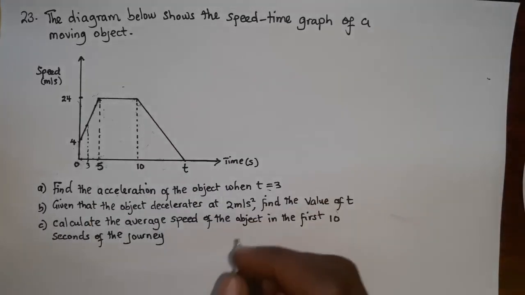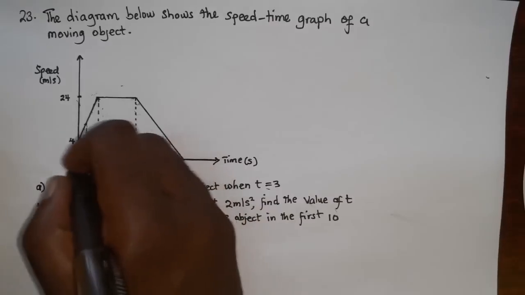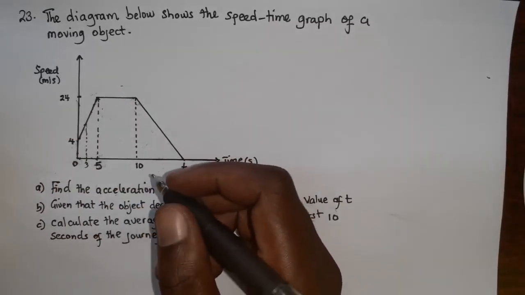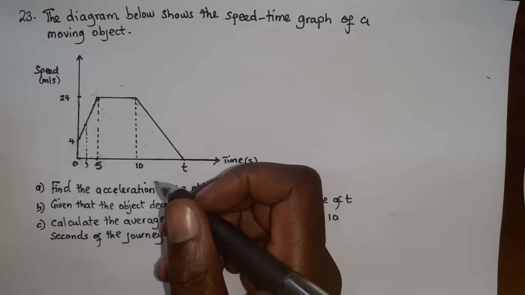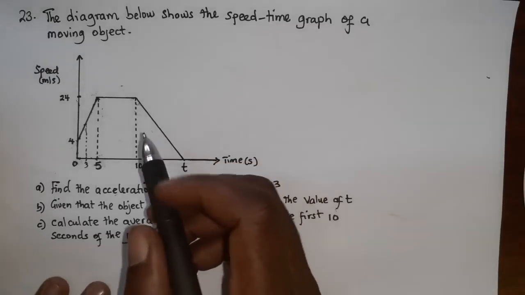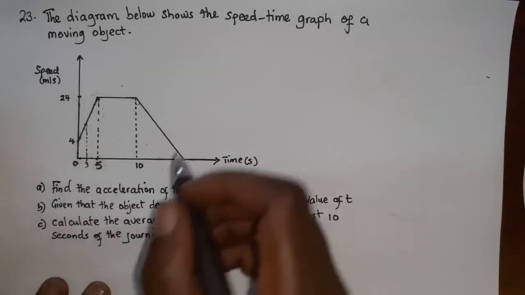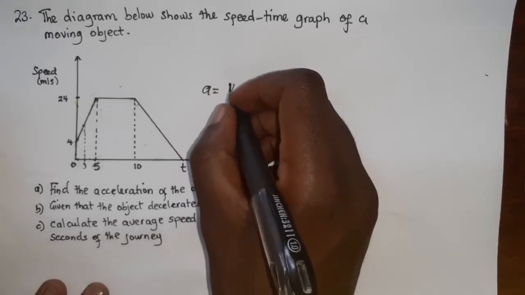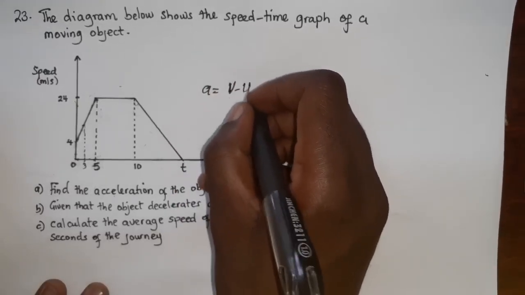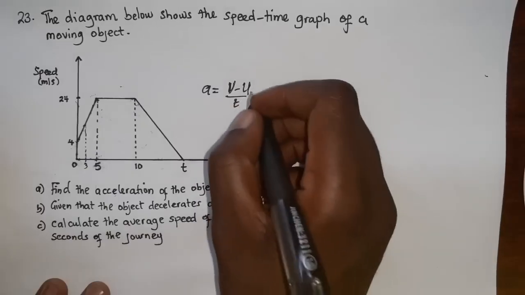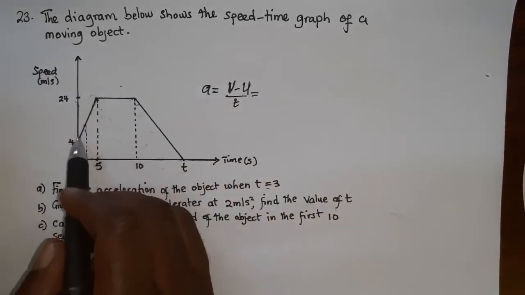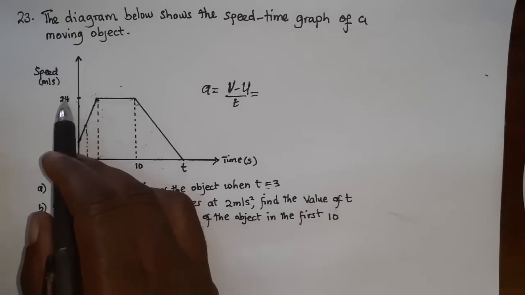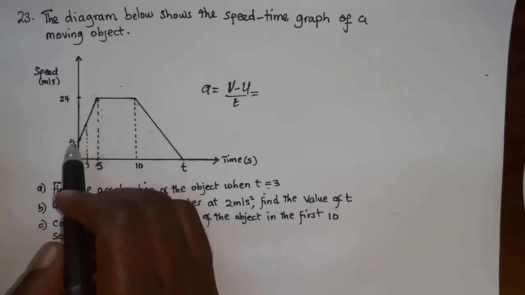So we can use what we have here to say what the acceleration is. As you may know, acceleration is equal to final velocity minus initial over time. Using what we have here, we're going to use what is prominently given, which is 24 and 4.